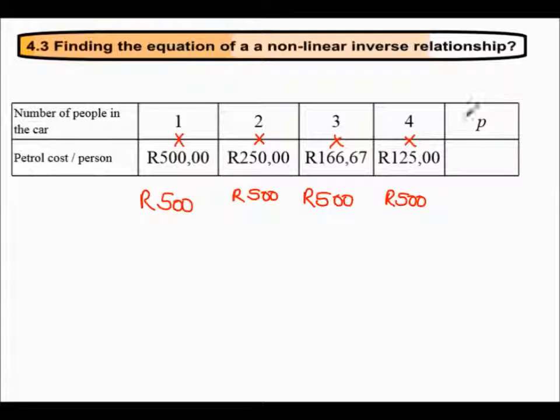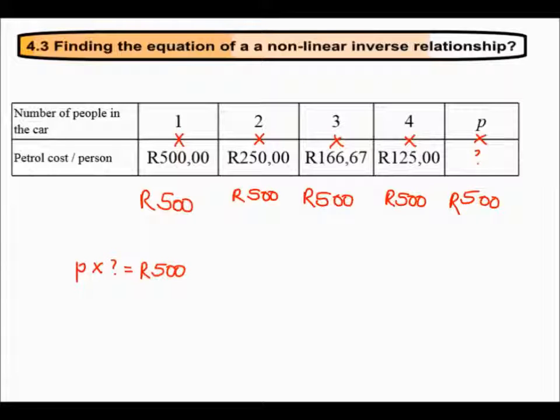So now we introduce our variable. We're going to say P multiplied by something must equal 500 Rand.